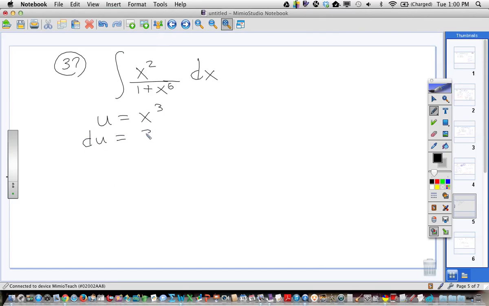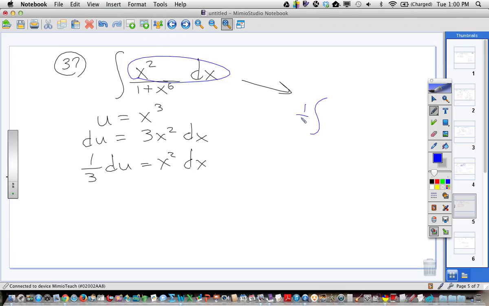We did one similar to this the other day, number 11, remember? They let u equal x squared, and we wondered how in the world they came up with that. Well, now we saw what happened: it ended up giving us an arctangent. The 3 is kind of in the way, so we'll move that over. Our x squared dx is replaced with a 1/3 du. The bottom is going to be 1 plus u squared, because x cubed squared makes x to the 6th.